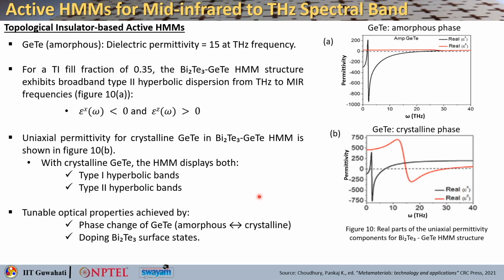This kind of tunable optical properties are basically achieved from the phase change of germanium telluride. So, it is basically changing from amorphous to crystalline, and also if you dope this bismuth telluride surface states, okay, you can get tunable optical properties, and that can be used for different applications.